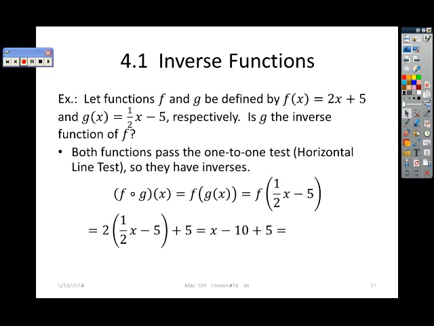And if I do that calculation, I get x minus 5. x minus 5 is not equal to x. Therefore, those are not inverses. They're close, but x minus 5 does not equal x. It must equal x. So those are not inverses of one another. They do have inverses. They are inverses of other functions, but not of each other.